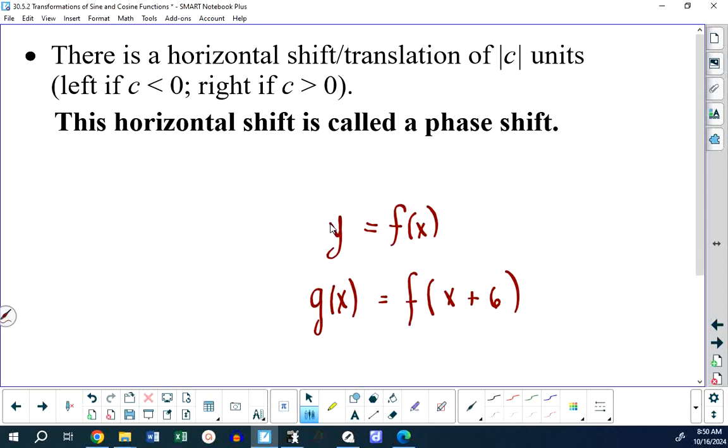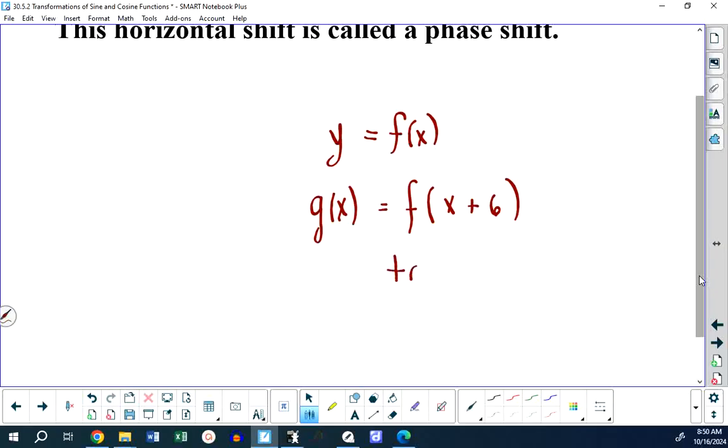So what we would say is the translation is 6 units left, right? And I've impressed on you that it's wrong to say the translation is negative 6 units.